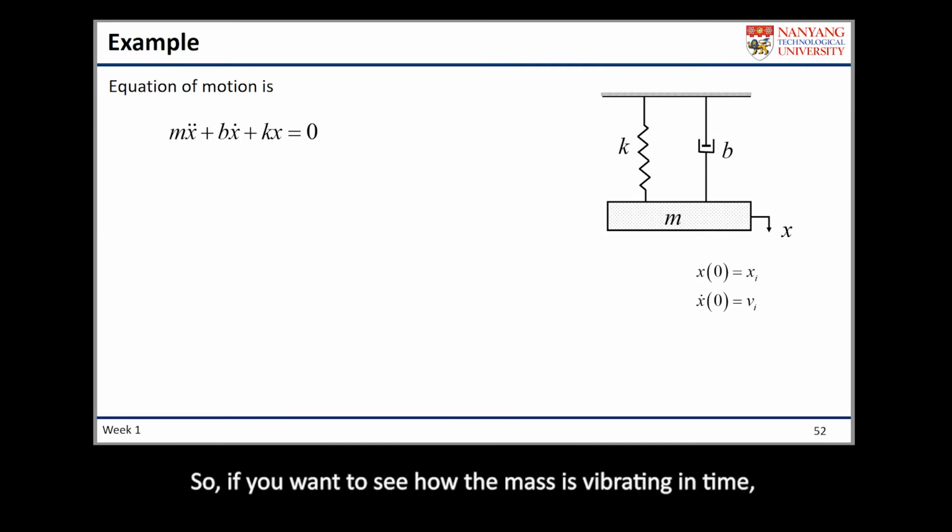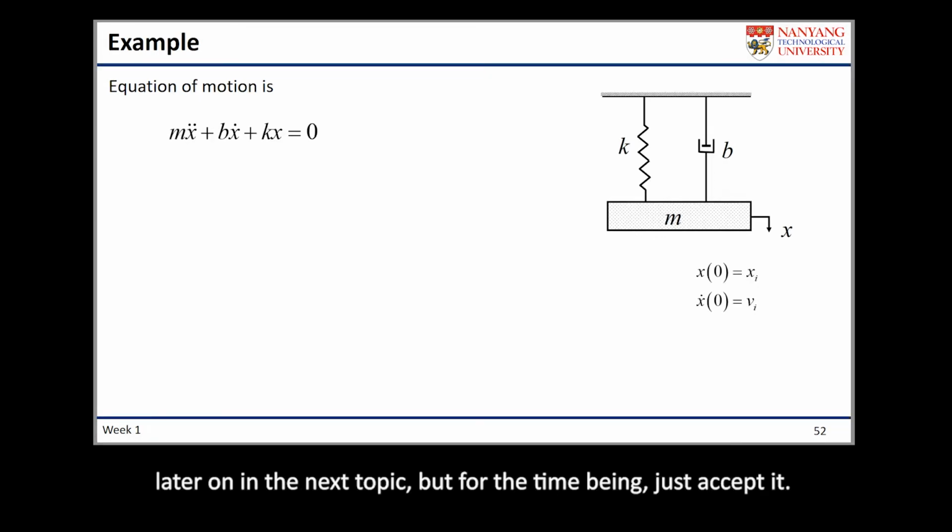So if you want to see how the mass is vibrating in time, you have to solve this equation of motion. Just for your information, how to derive this equation of motion of this mechanical system, we will discuss it later on in the next topics. But for the time being, just accept it.